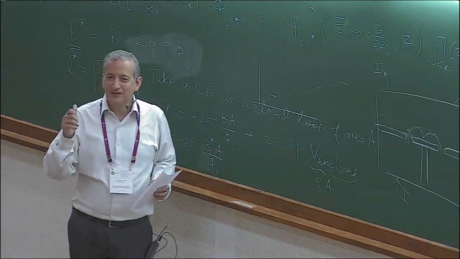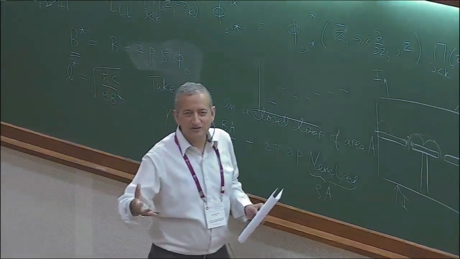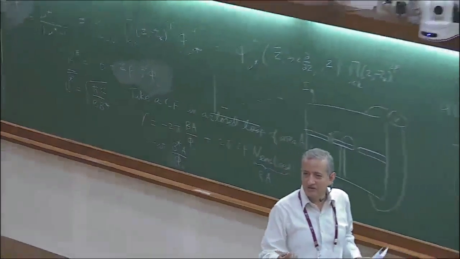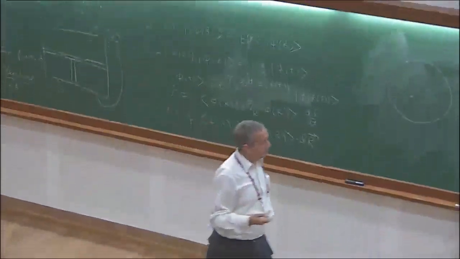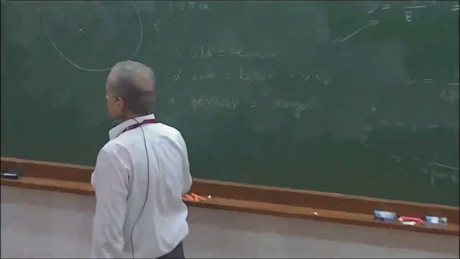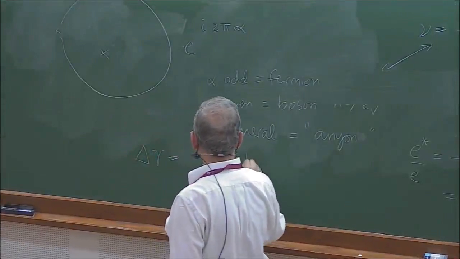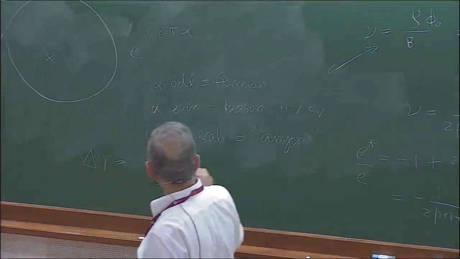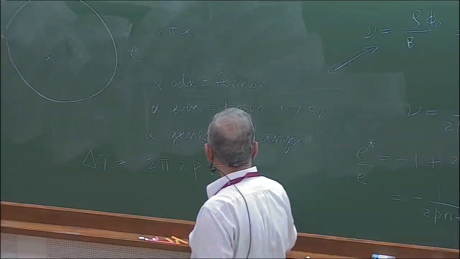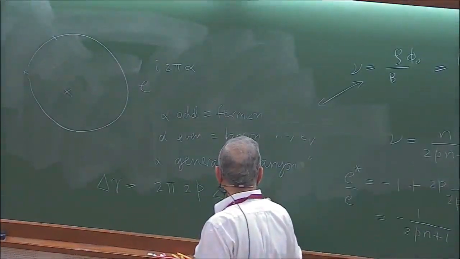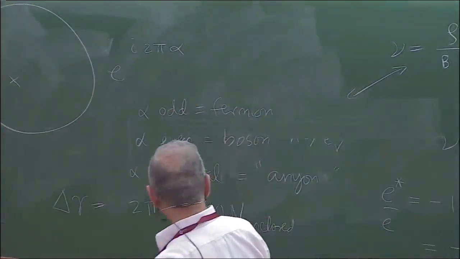So the answer is delta gamma is equal to 2 pi 2p n enclosed, and again I'm going to calculate the change in the average number of particles.